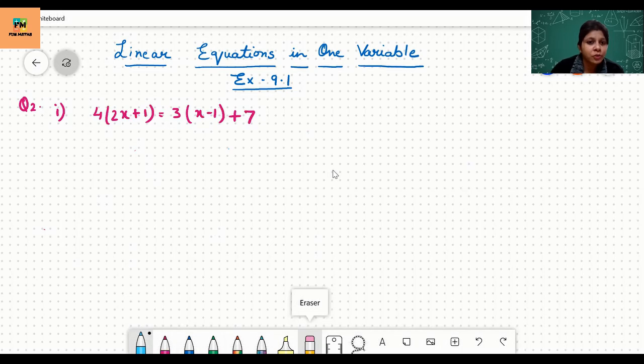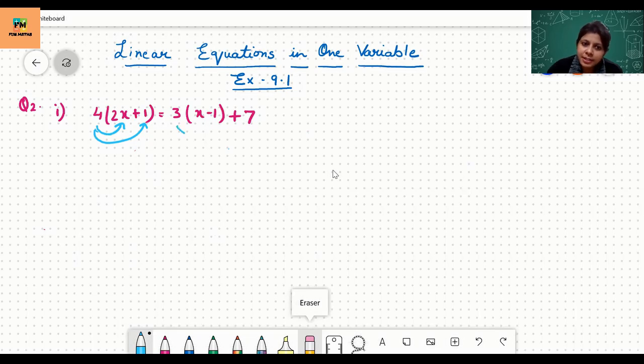In the previous question, I told you how to open. If you remember, this 4 is getting multiplied with 2x. और इस 4 को +1 से भी मल्टीप्लाई करना पड़ेगा. Please remember this thing again and again. I am telling you, यहाँ पे बहुत से लोग मिस्टेक्स करते हैं.